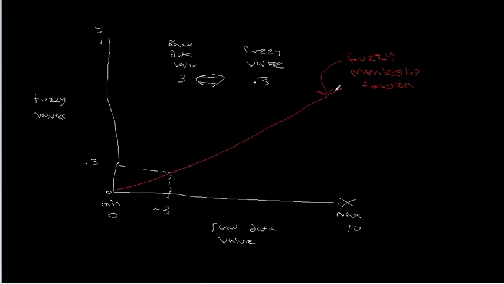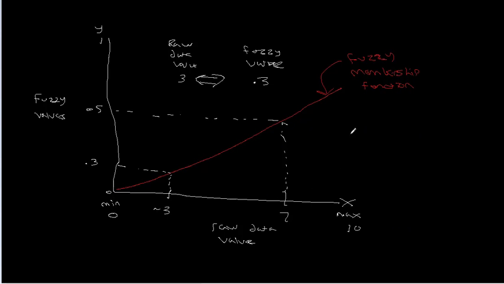So what I really want you to get out of this is really understanding how we interpret these graphs in terms of the x-axis, the y-axis, and most importantly, this idea that we can look at, say, 7 here, a raw data value, go up to where that x value hits the function, trace over to the y-axis, to get a fuzzy value.